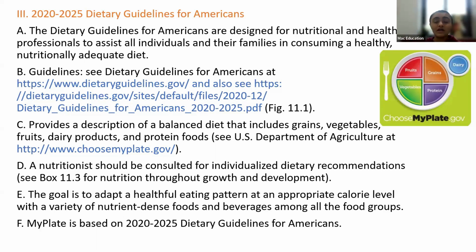For example, if by the end of 2025 the risk of certain diseases increases, they will include that disease in their guidelines and provide recommendations accordingly. So they will regularly modify their guidelines. So the current guidelines are from 2020 to 2025. Understood?